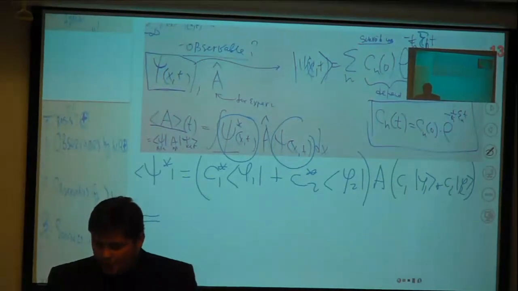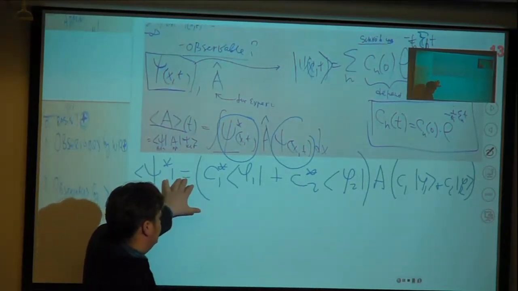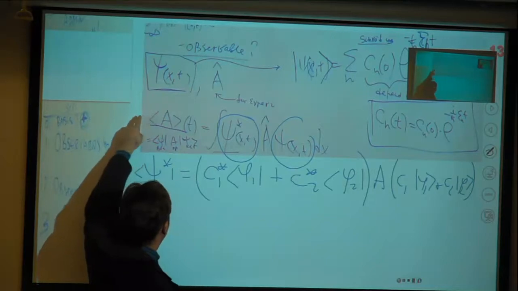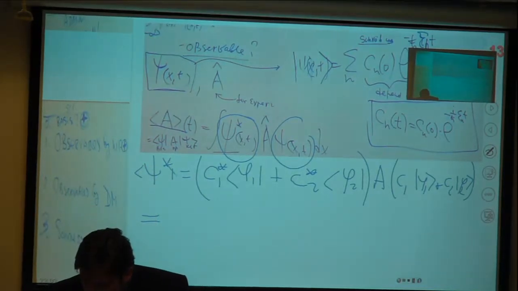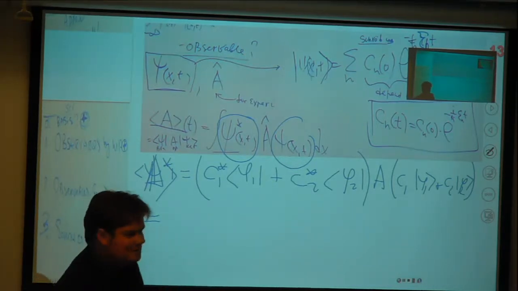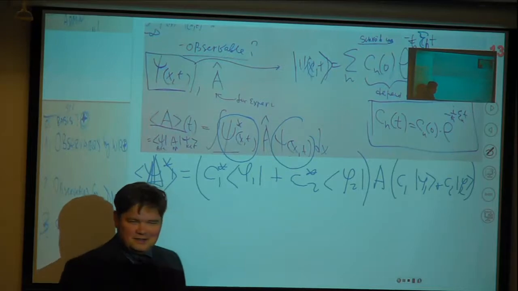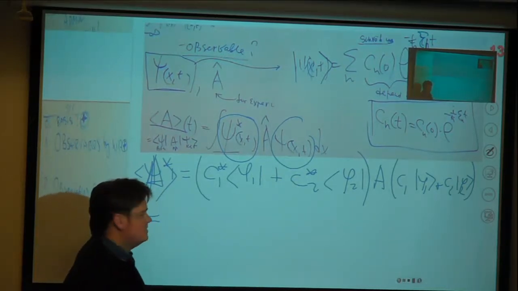So by opening brackets, and again, why am I opening these brackets? It's good to ask questions to yourself.